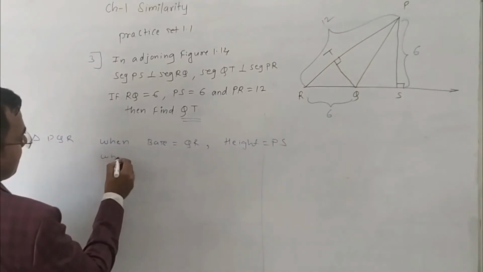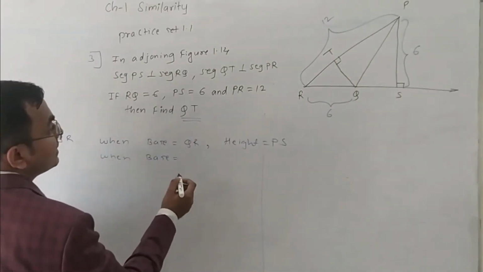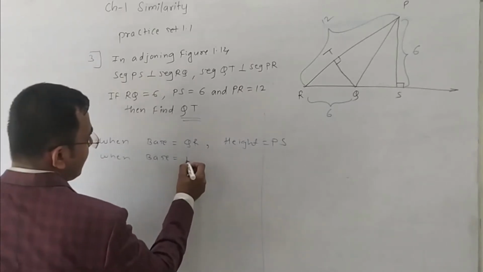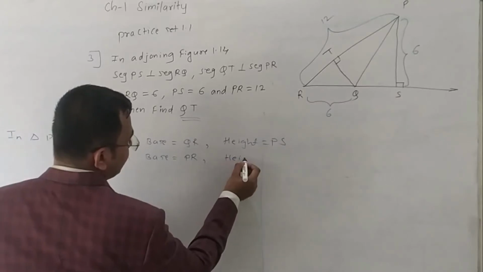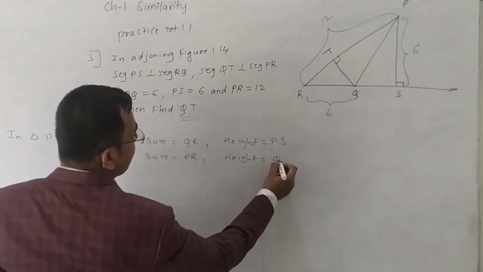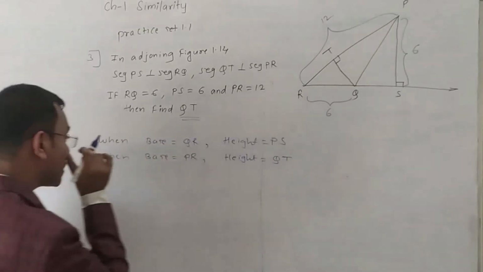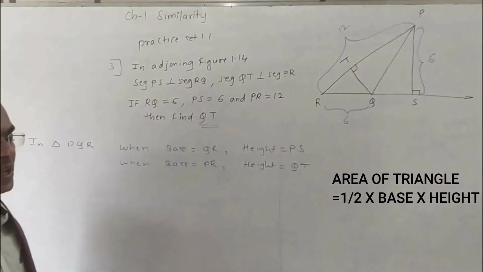When base is equal to PR, height is equal to QT. It is given to us, and we have to find out QT.